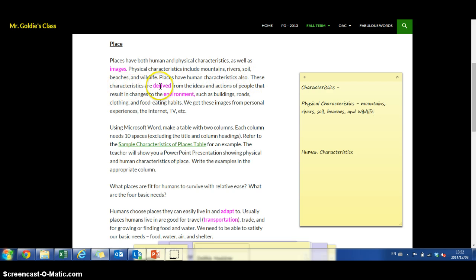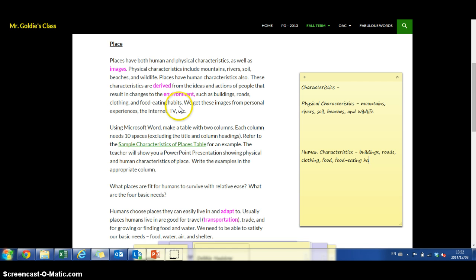These characteristics are derived from the ideas and actions of people that result in changes to the environment, such as buildings, roads, clothing, and food or food eating habits.